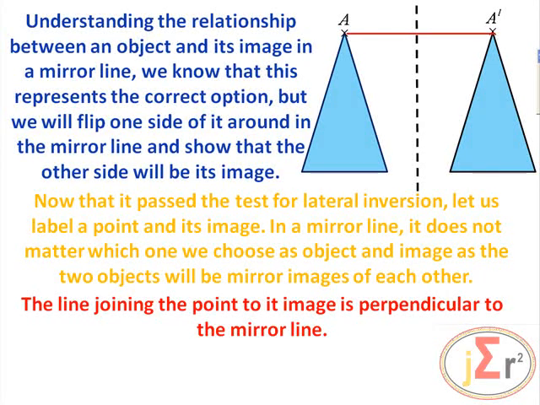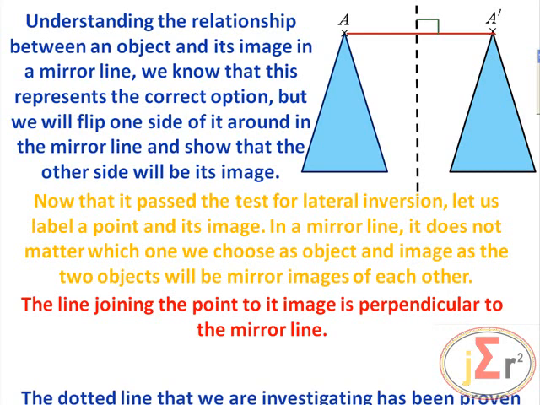Do not forget one test of the mirror line, or one requirement of a reflection in a mirror line, is that a line joining a point to its image is perpendicular to the mirror line. So there we have the demonstration of the fact that the angle is actually 90 degrees, or that the two lines are perpendicular.